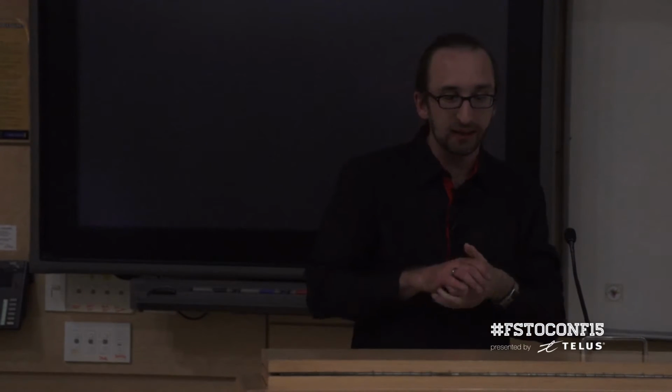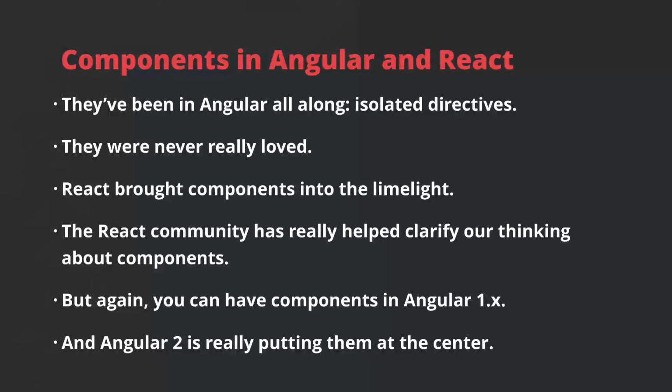Now, an interesting thing about components, when it comes to the choice between Angular and React, is to consider that in Angular, we've had components all along in the form of isolated directives. They were always there, but they never really were quite loved. I think the Angular community started coming around to them recently, but until recently there was a lot of, we don't really know why we have directives.